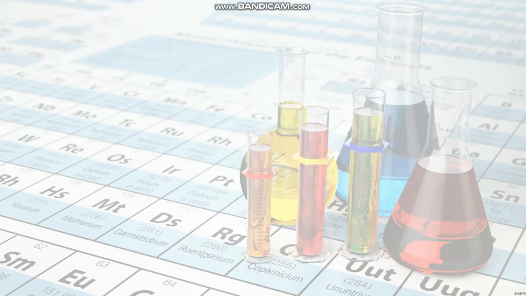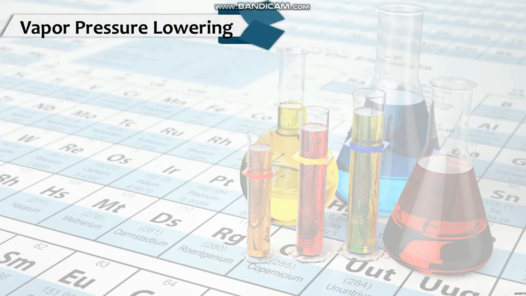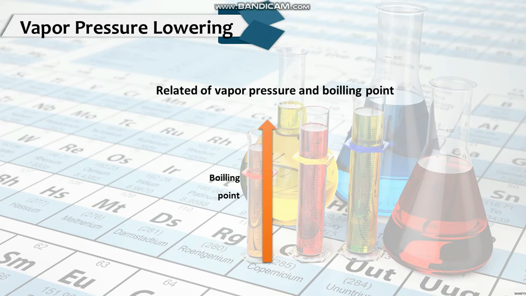Now the next colligative property is vapor pressure lowering. Vapor pressure and boiling point are inversely related: whenever the boiling point of a solution goes up, the vapor pressure goes down.